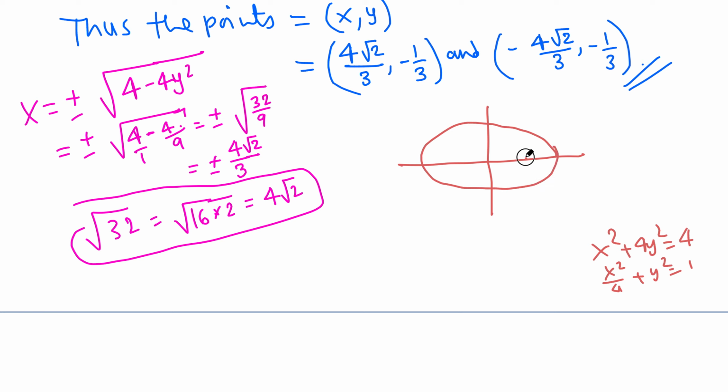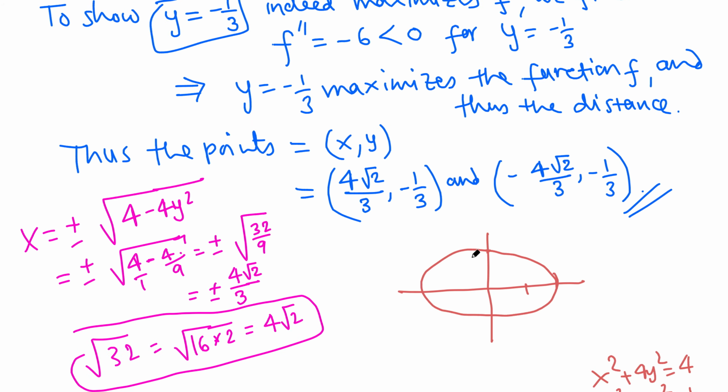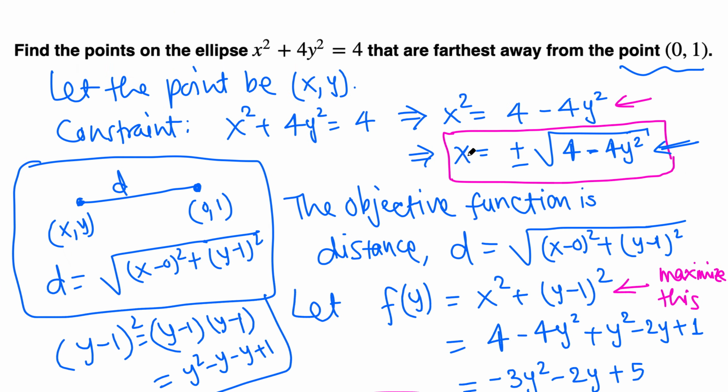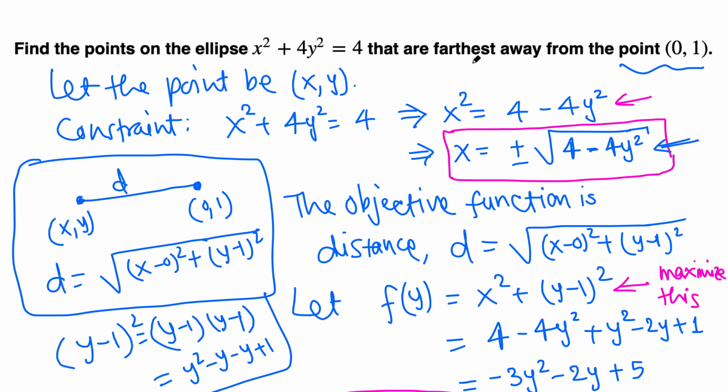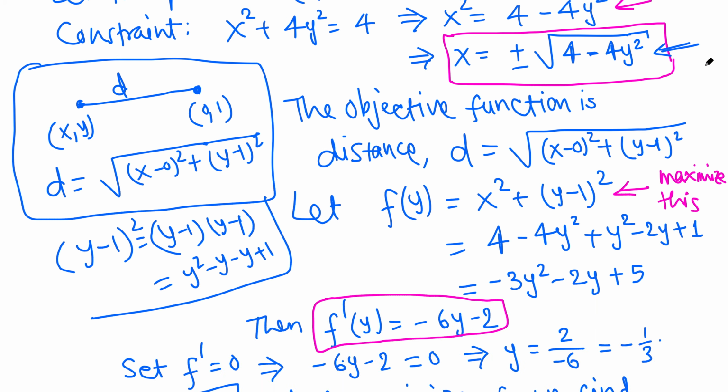Our x goes to 2, okay, and y goes to 1. And we are looking for a point on this ellipse that is farthest away from the point (0, 1).